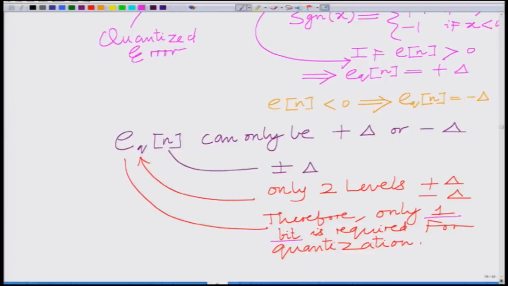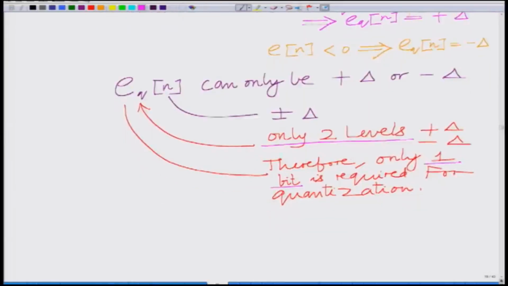Since we are using only two levels, only one bit is required for quantization.